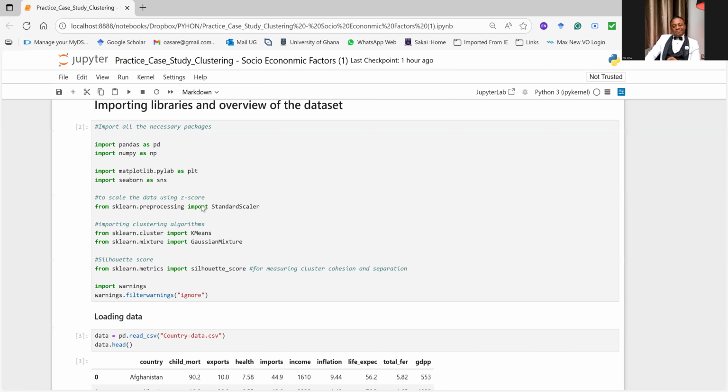Has any of you ever heard about a standard scaler? Any of you heard about a standard scaler? All right. You need a standard scaler. You talk a lot about it also when it comes to principal component analysis. And guys, like I told you before, it's a communication.